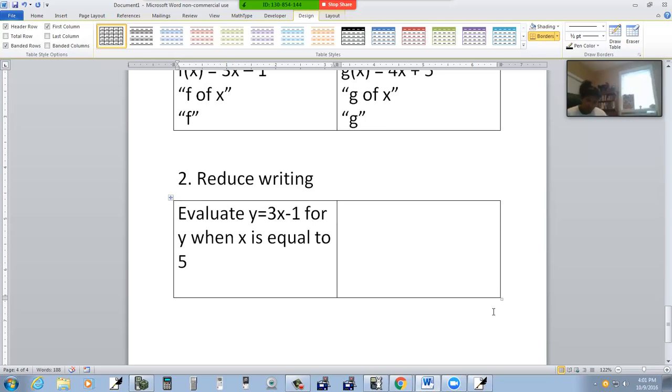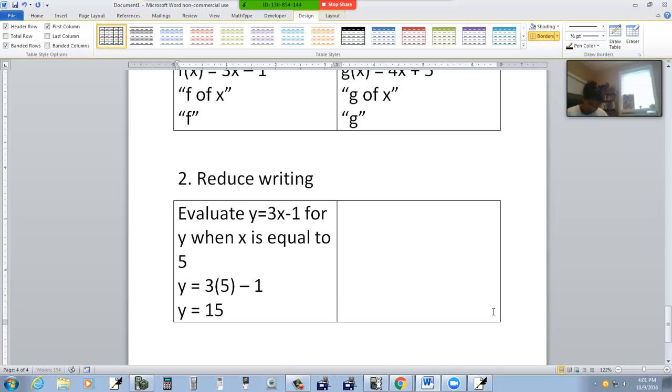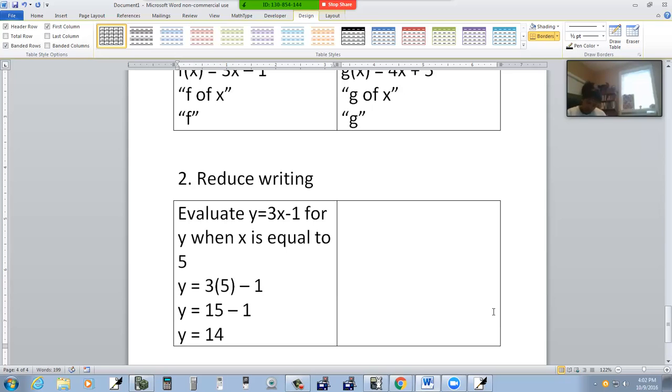How you solve this is you put 5 in for your x. So you got y is equal to 3 times 5 minus 1, y is equal to 15 minus 1, or y is equal to 14. And that'd be your answer.